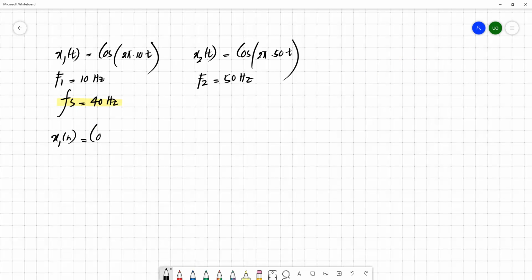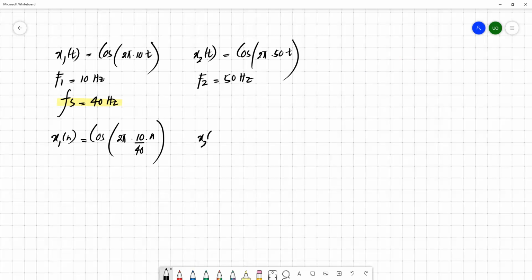It would be cos 2 pi, and f is replaced with f divided by fs, times n. So f is 10, fs is 40, and n.